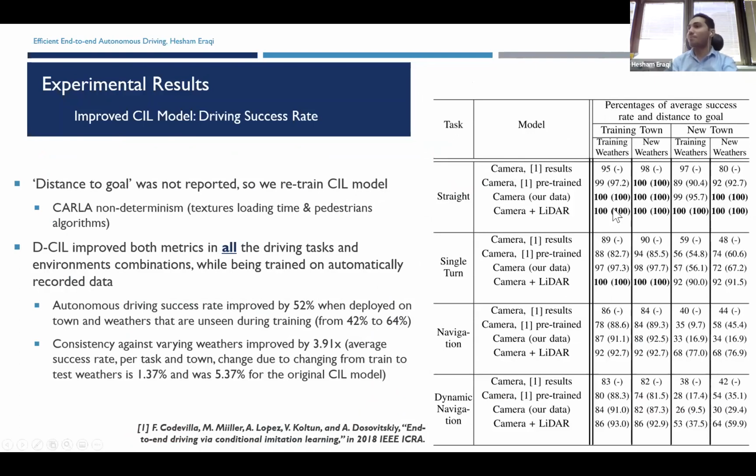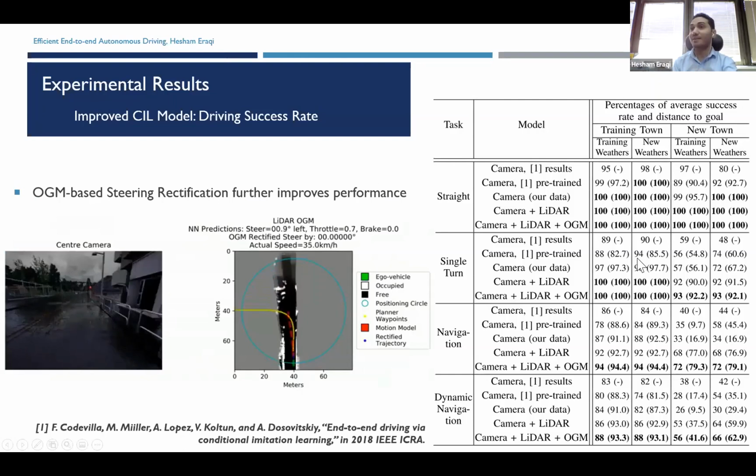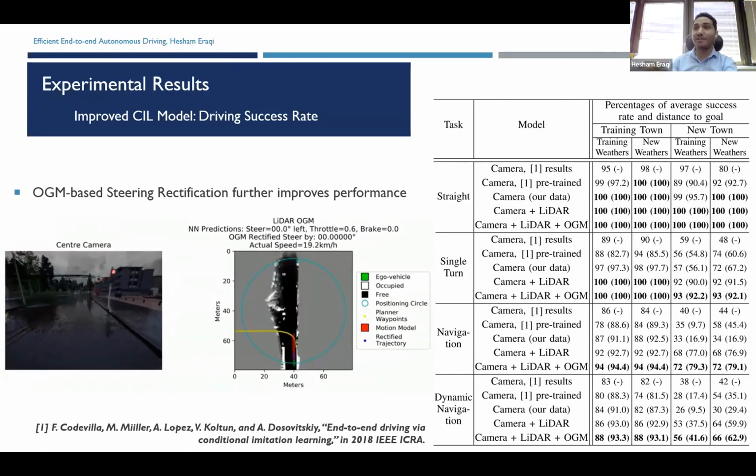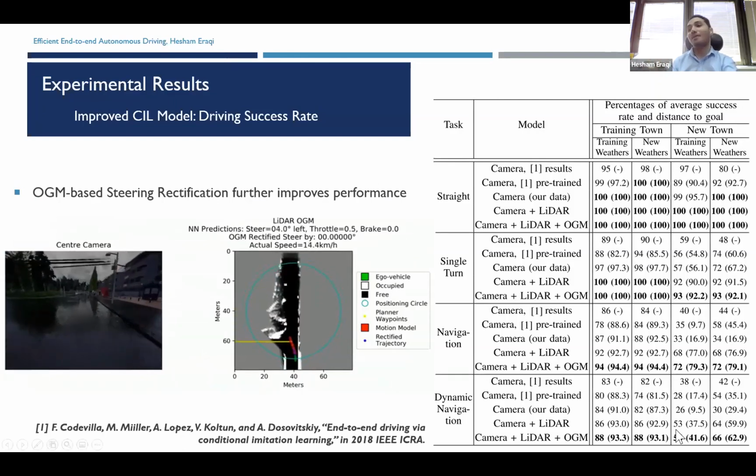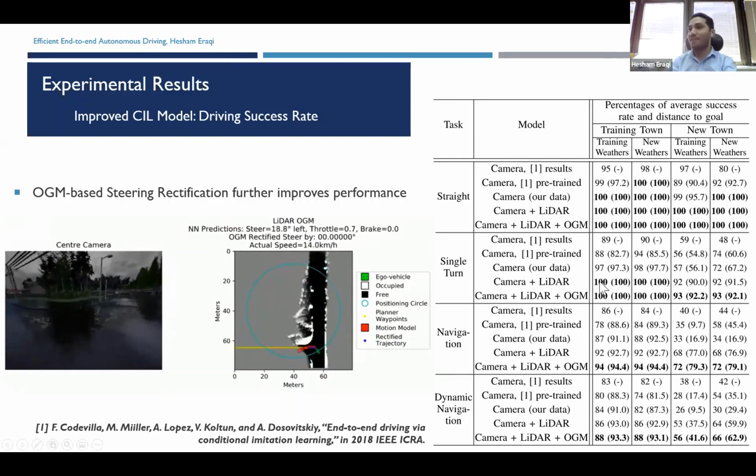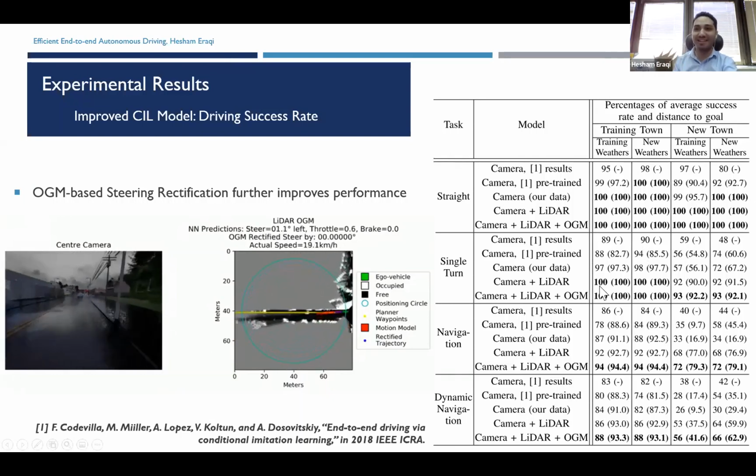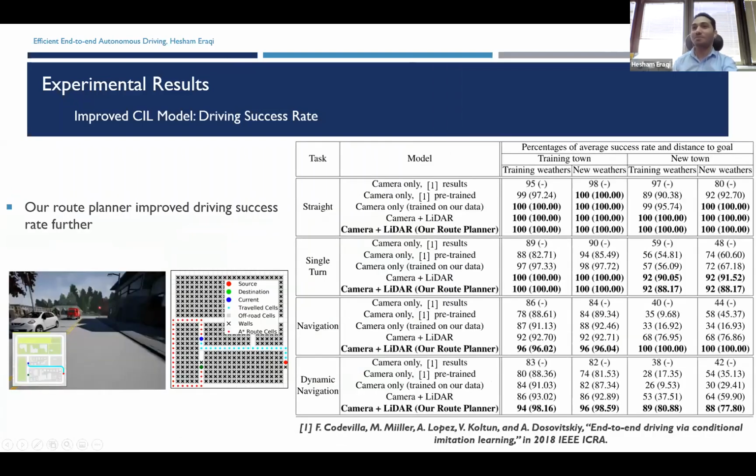As you can see from what we show, fusing the camera and LiDAR copes with the lack of generalization issue and improves weather consistency from 1.3% to 5%. And the driving success rate improves by around 4 times. Further rectifying the steering wheel angle based on the OGM further improves the performance, as detailed in these tables that can be seen in our publication.